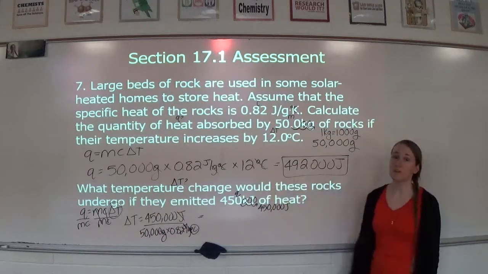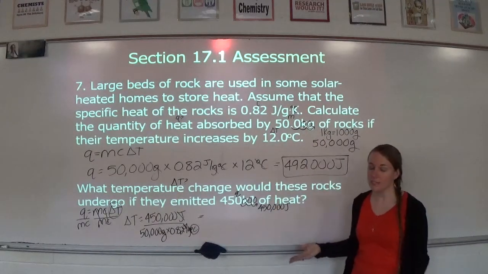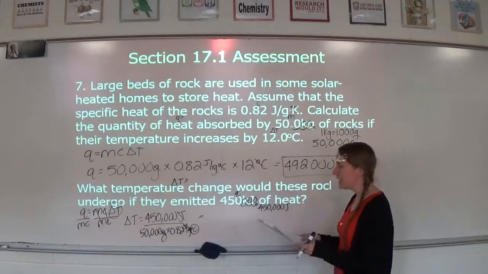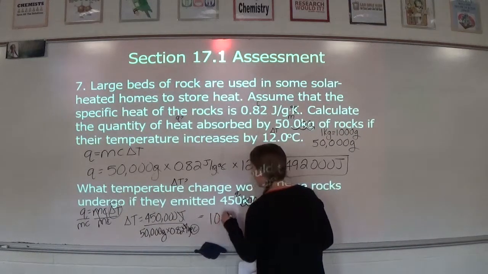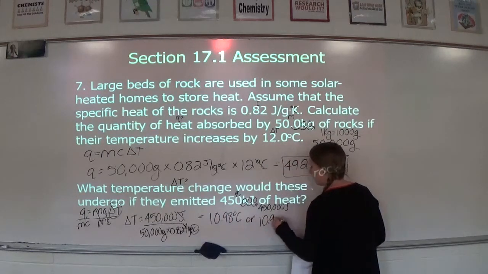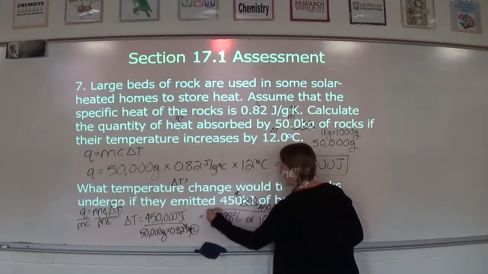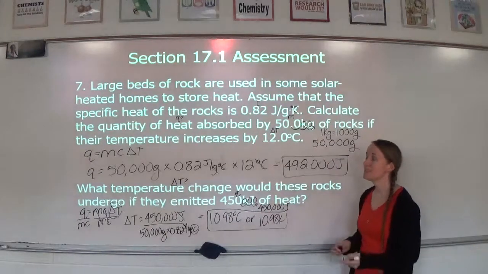Okay, it doesn't specify which unit I have to use. I'm using degrees Celsius. You could easily say Kelvin. It doesn't matter. And so once I divided by that denominator, I got 10.98 degrees Celsius. Or, like I said, you could have put 10.98 Kelvin. Remember, a change in degrees Celsius or Kelvin is the same.